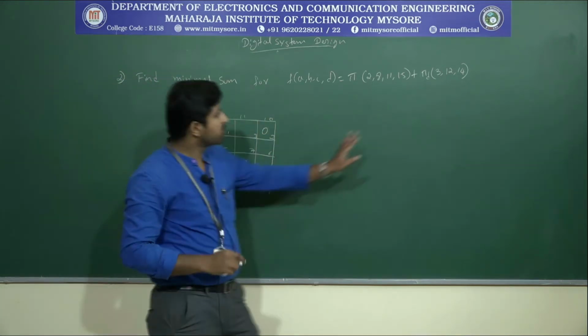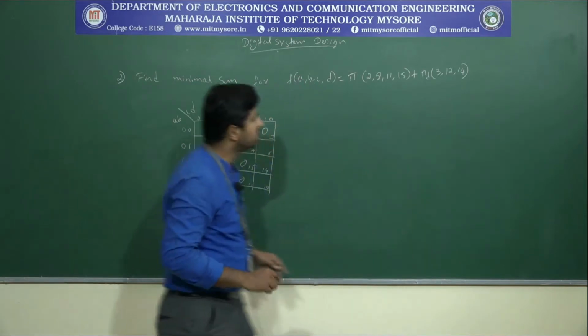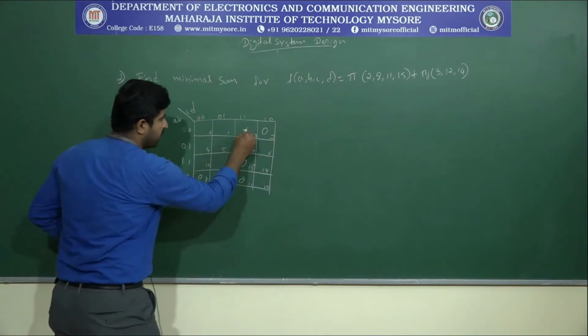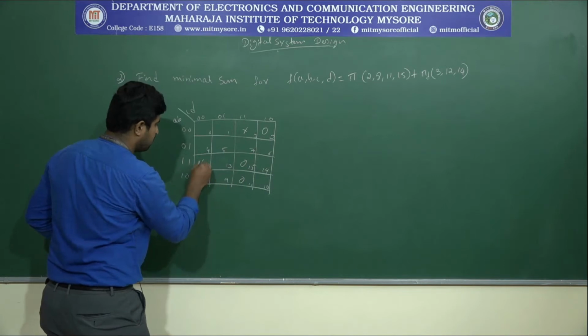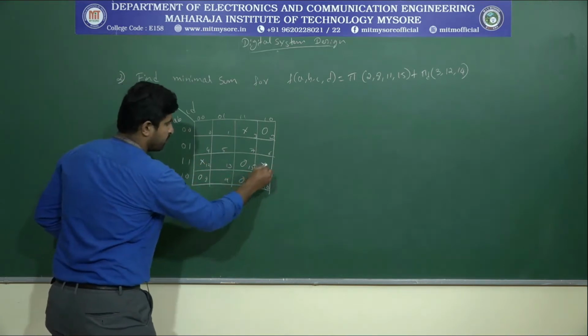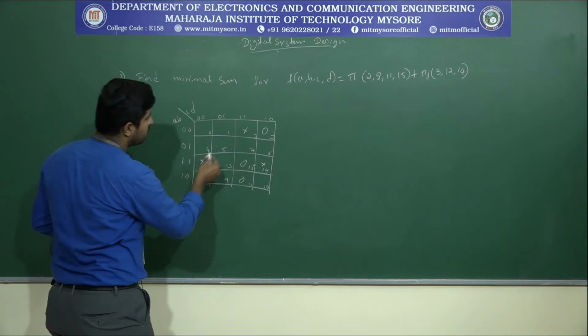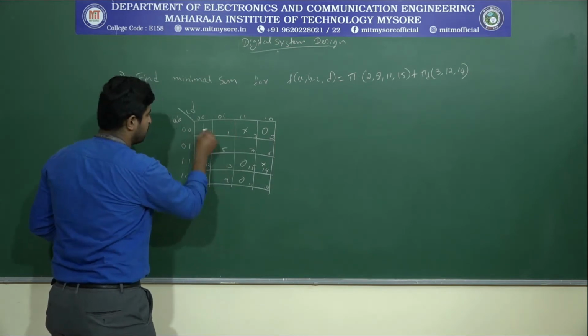Next, don't care terms for the 3, 12, 14 cells. So 3 is don't care, 12 and the 14. Okay, remaining will be the logic 1.